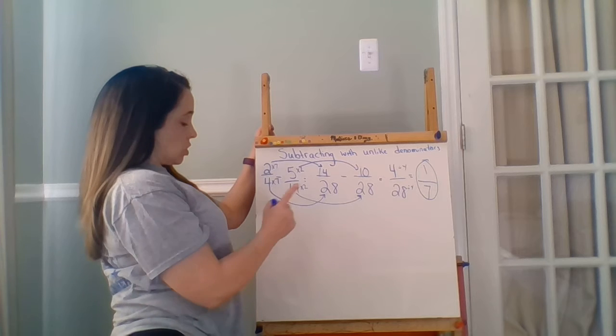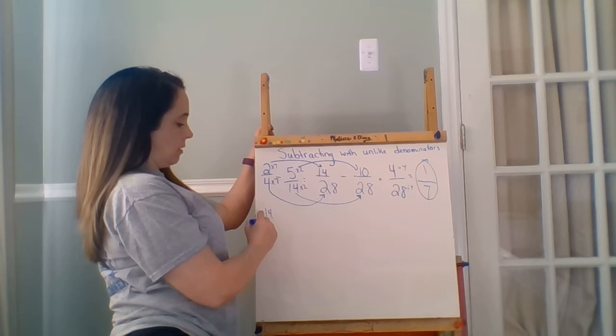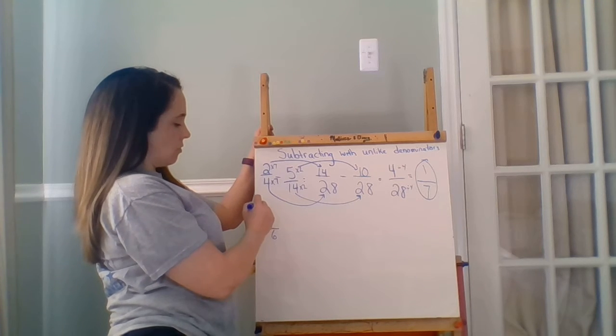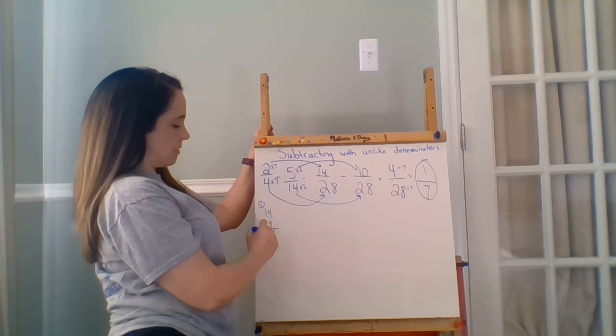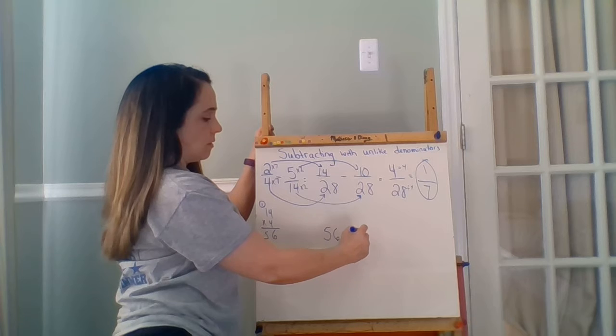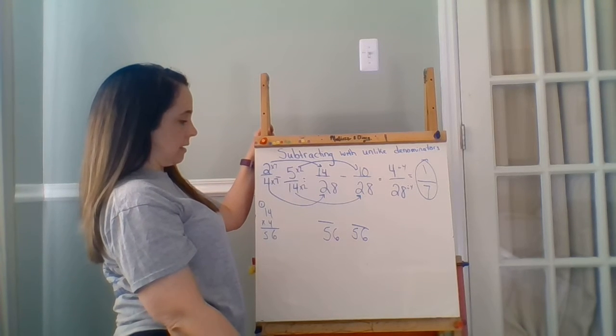Okay, so I just want to show you, the other way you could have done it was to multiply 14 times 4. That would have given you 4 times 4 is 16, regroup, 4 times 1 is 4, plus 1 is 56. You could have used 56 also as your common denominator because doing 4 times 14.